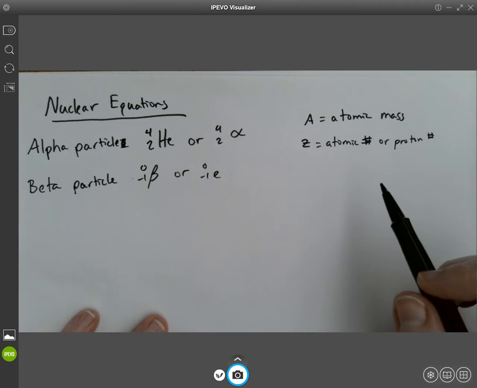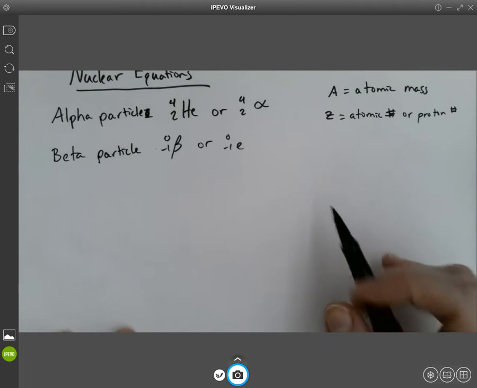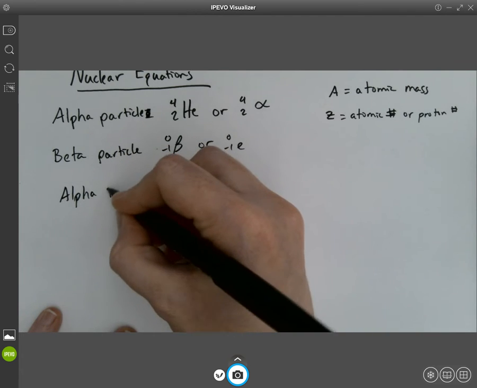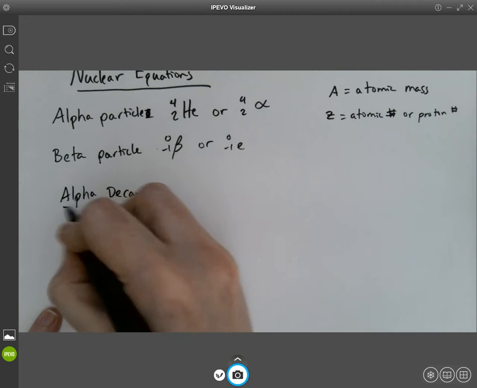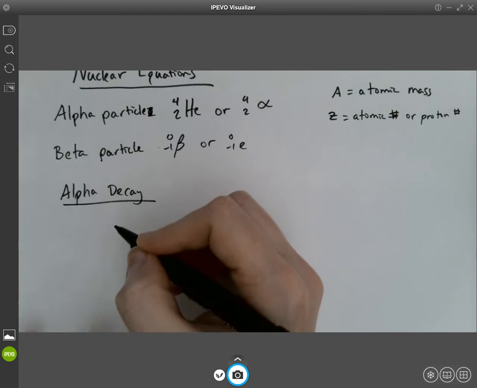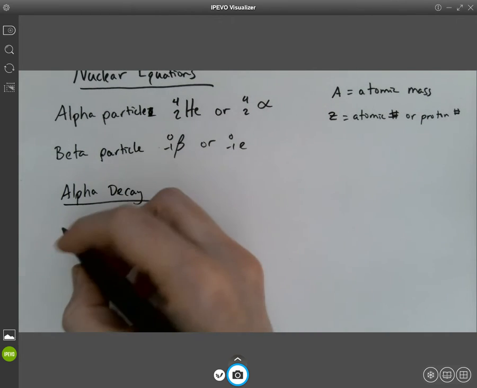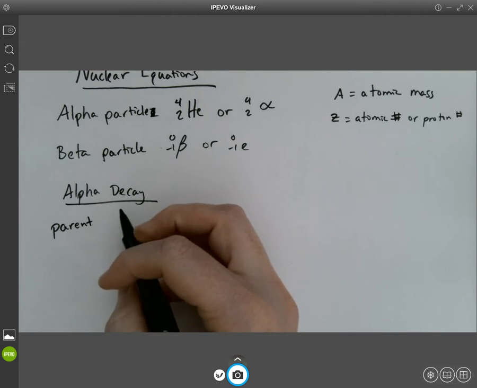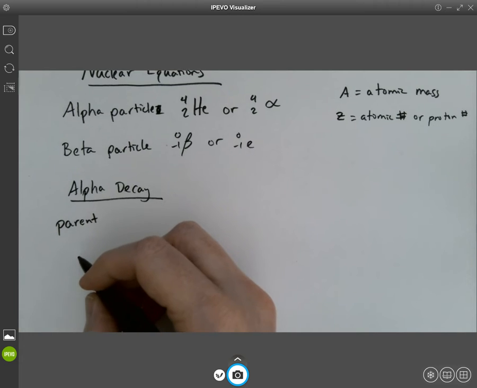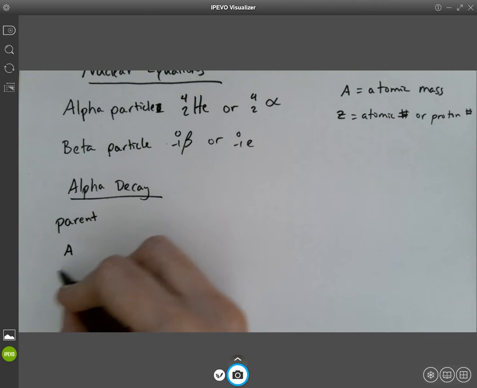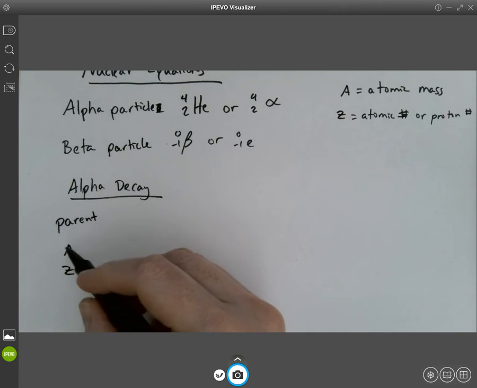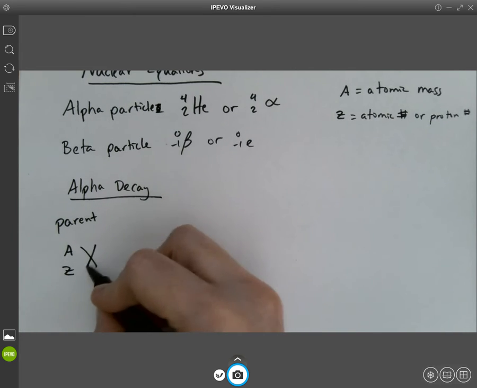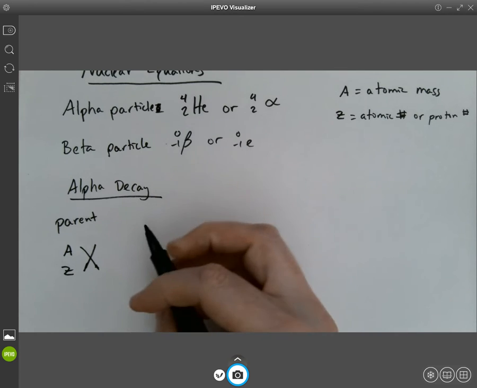Let's start off with alpha decay. For alpha decay, we have our parent isotope, our parent atom, and we have that written as A and Z. So we have our atomic mass and atomic number, or proton number, and X will represent the element symbol.